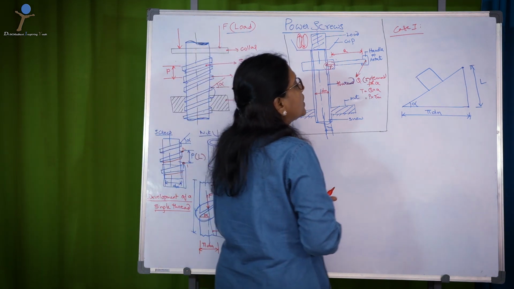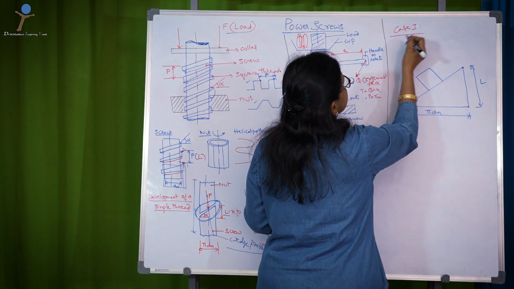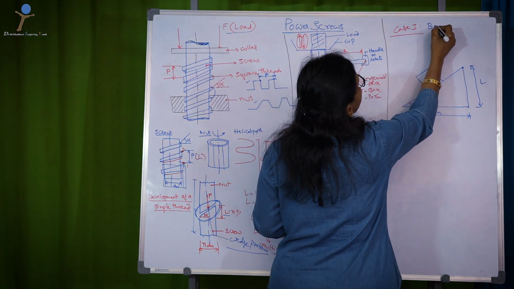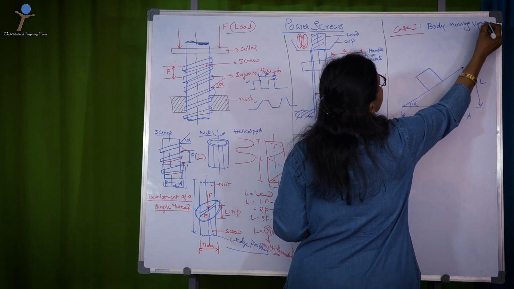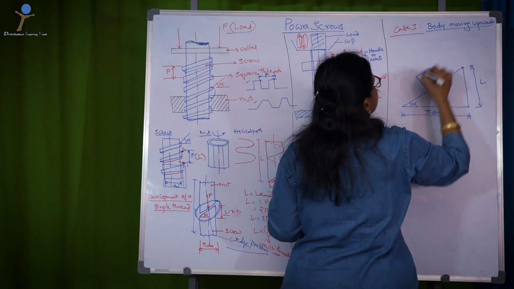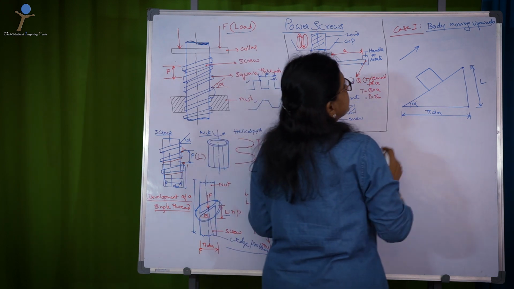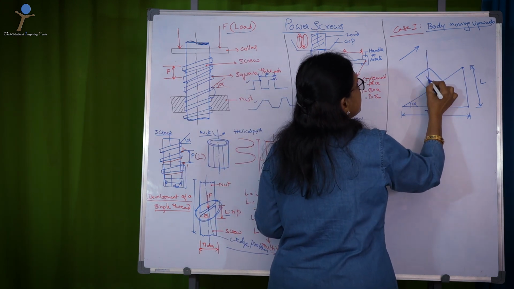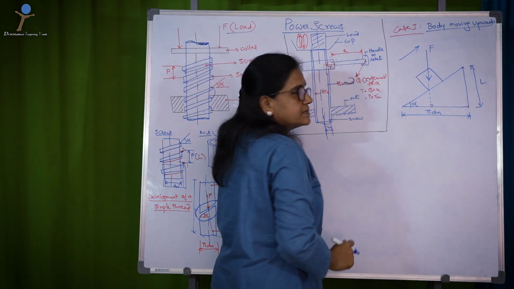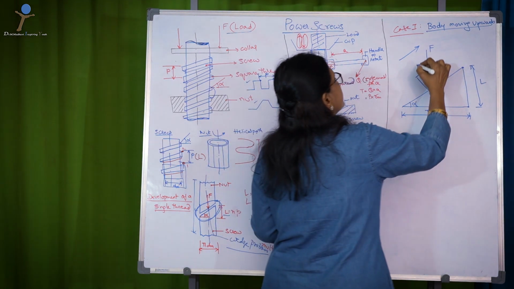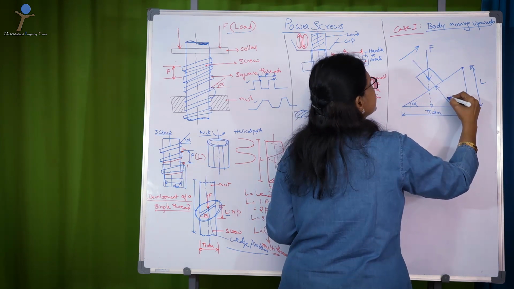Then what are the forces that are acting on the body? In the first case, let us take the body moving upwards. That means the motion is in upwards. In this case, as you know, the force is always acting perpendicular to the ground surface. Then there is a frictional force and normal reaction.